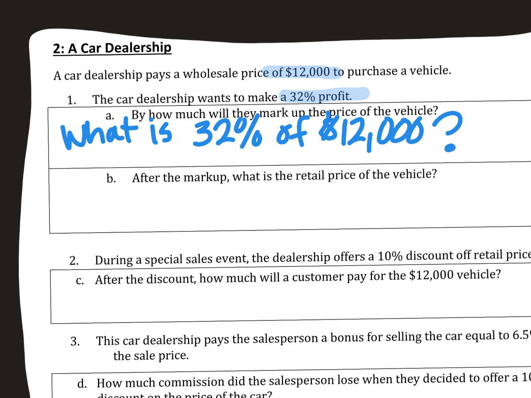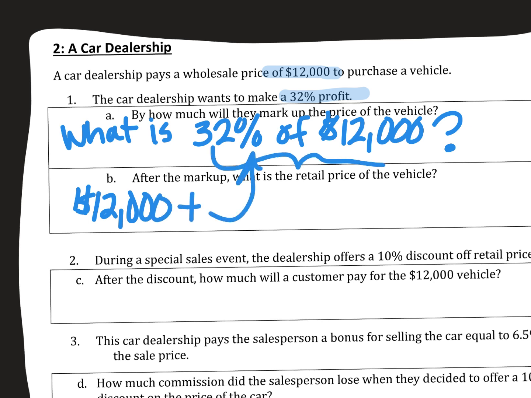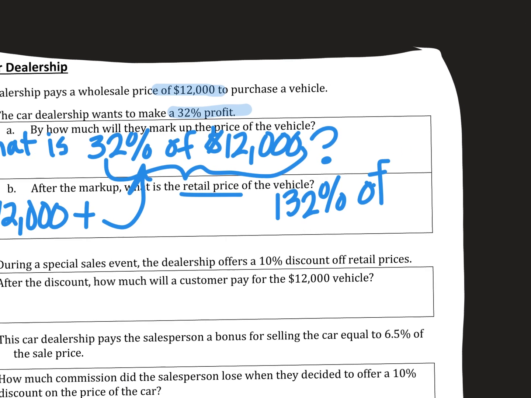Then, of course, we have part B where it says after markup, what's the retail price of the vehicle? So you're going to take the 12,000 plus whatever you got here. That's going to be your retail price. It's 132% of, in other words, 132% of the 12,000.